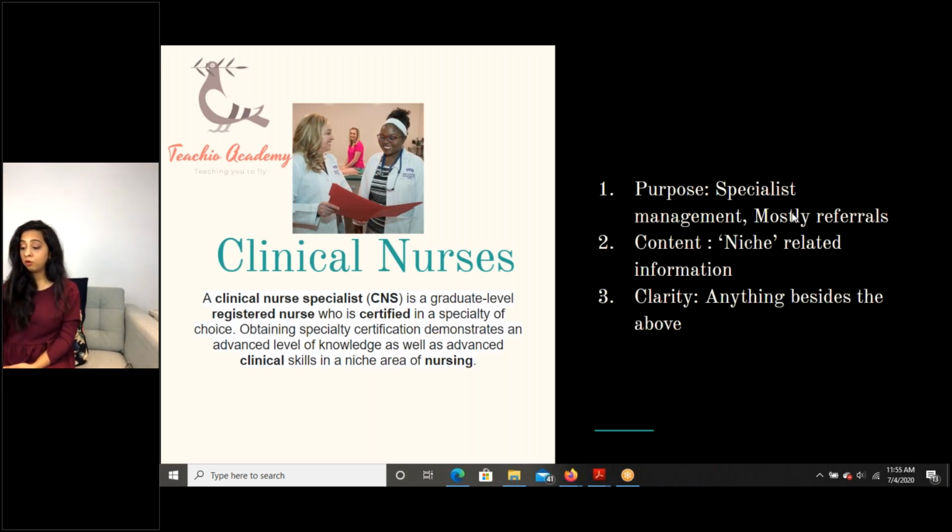Or another type of clinical nurse that you might get would be a cardiac rehab nurse. So that's someone who's done the basic nursing degree, and on top of that, they've specialized just in cardiac rehab. So they're going to know a lot about cardiology, perhaps more than an undergraduate doctor would. And they're going to know a lot about things which help with rehab for a patient. So their two focuses will be cardiology and rehab.